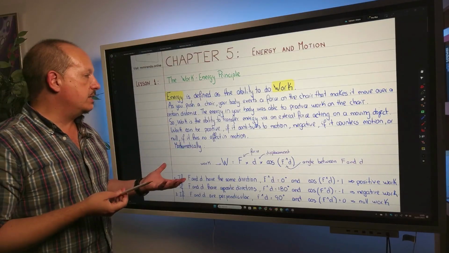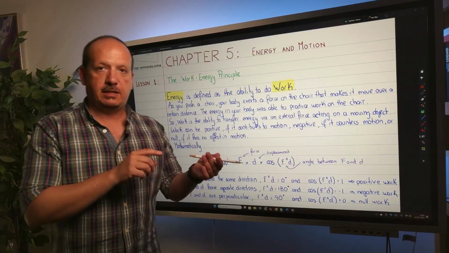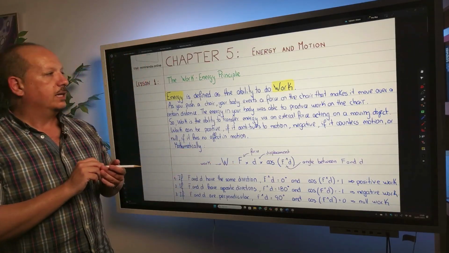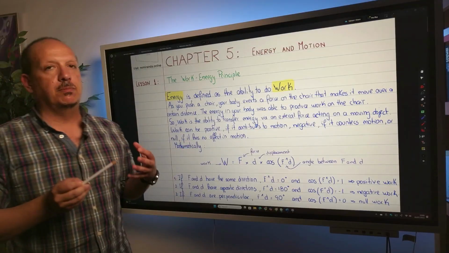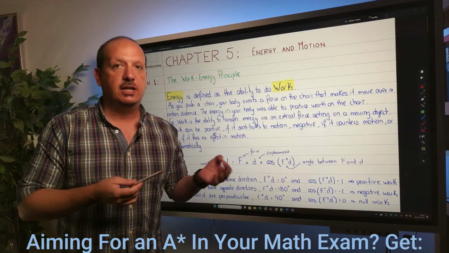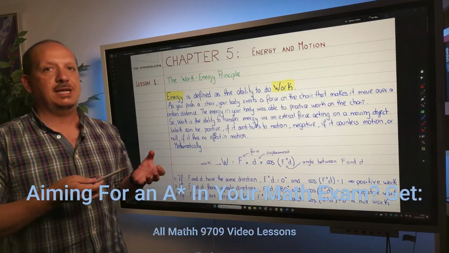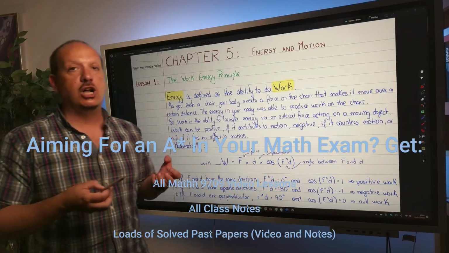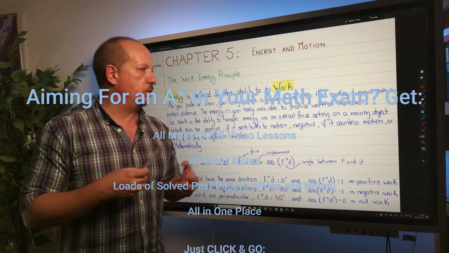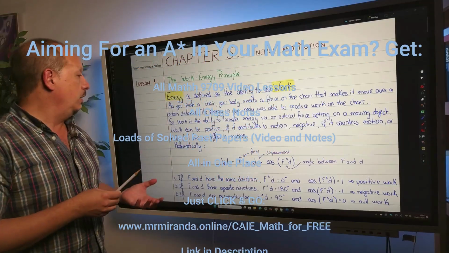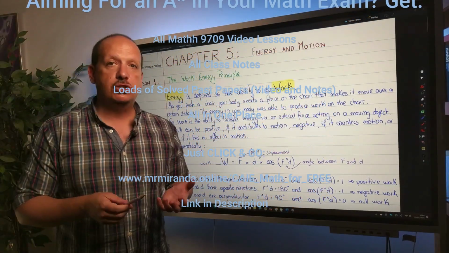Work can be positive if it contributes to motion, like the example I just gave. It can be negative if it counters the motion. For example, friction is always going to be negative work because friction always, by definition, opposes motion. Or null if it has no effect on motion.